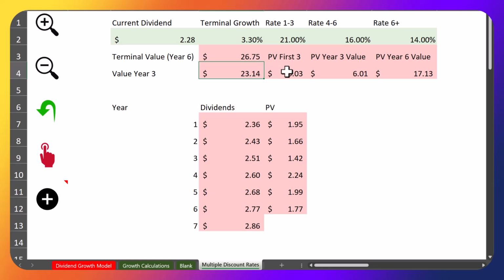And I have only one thing left to do. The present value.